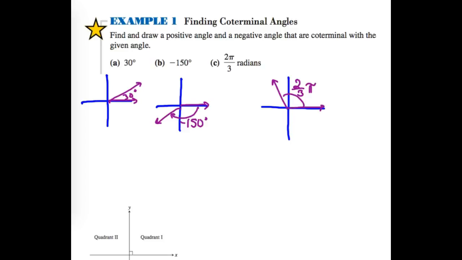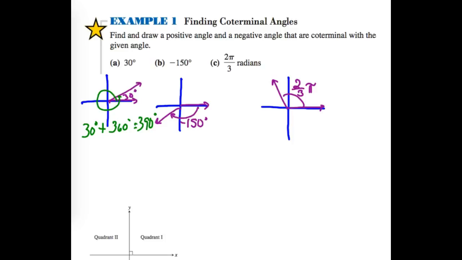All right, so I've drawn the original, the given angle. It says they want us to find a positive and a negative coterminal angle. So if I have 30 degrees to start with, and I add 360, I get what? 390. So that would be my positive coterminal angle. It just means that I spin around an extra rotation before I get there. Yes? Okay.